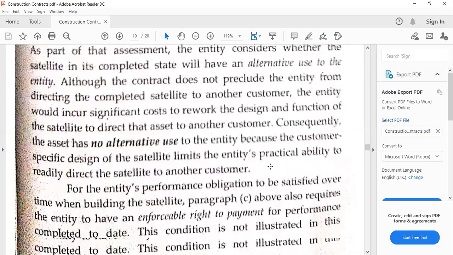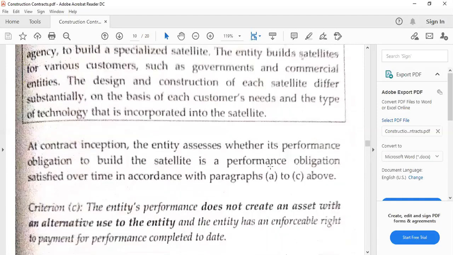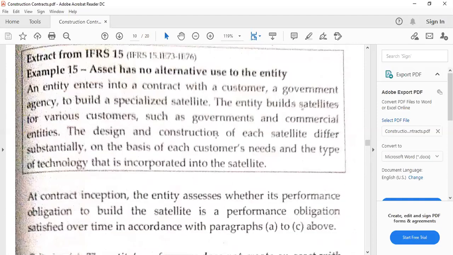Could be on one satellite or the groups of satellites with same economic characteristics. But I suppose in this problem, it is clearly stated that the satellites differ substantially. So meaning to say, instead of the progress on just one satellite, it would be the completion of every satellite. So meaning at a point in time.